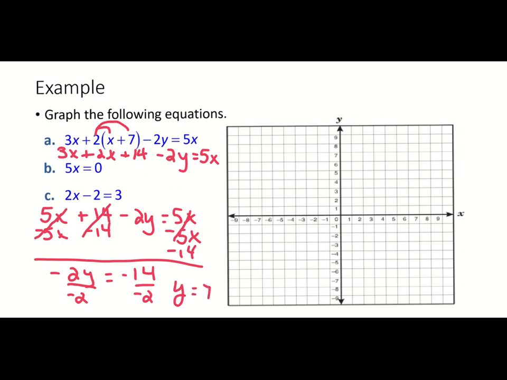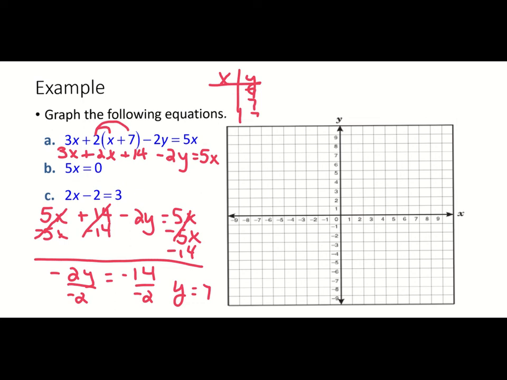Now, if you recall, when you have a special equation like this, if you have just y equals 7, remember, it's going to be either a horizontal or a vertical line when you graph it. If I draw my t-chart, which I'll do up here, and y is 7, that means for every ordered pair that I create, y is going to be 7. X, it's really like 0 times x because it's not in there.